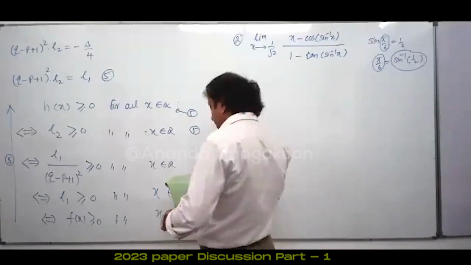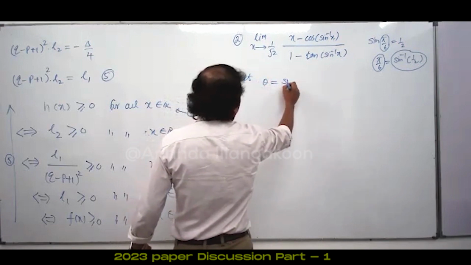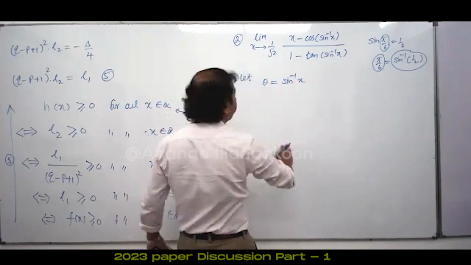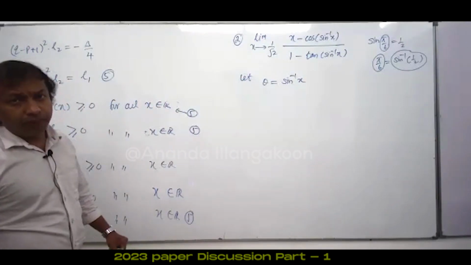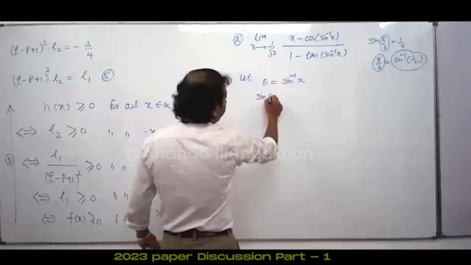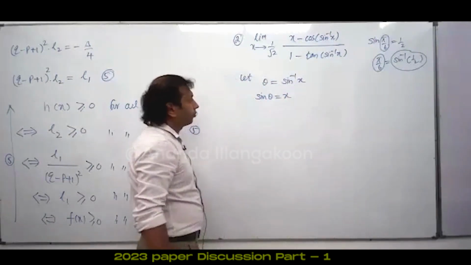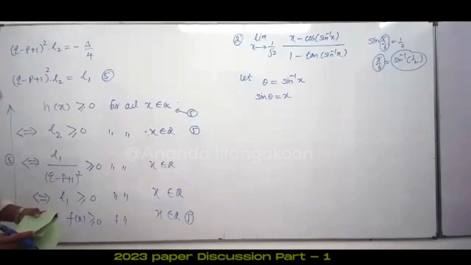So therefore, sine inverse x is also an angle. Then I am going to take that like this. Let theta equal sine inverse x. That means taking the sine inverse to this side, we get sine theta equals x.